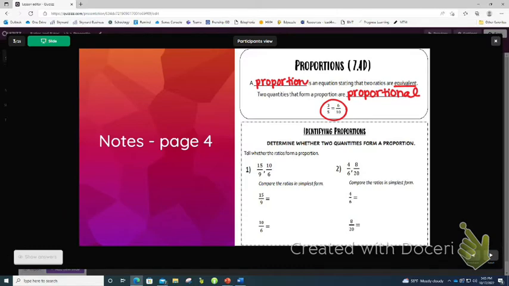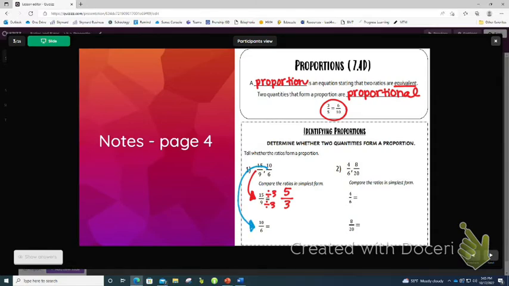So starting with 15 over 9, you can see right here is where we're going to simplify that. Well, we can divide 15 and 9 by 3. 15 divided by 3 is 5. 9 divided by 3 is 3. And then we're going to simplify 10/6 right here.